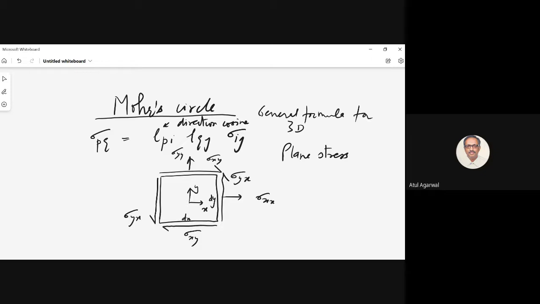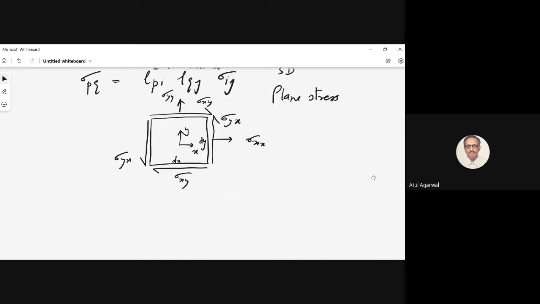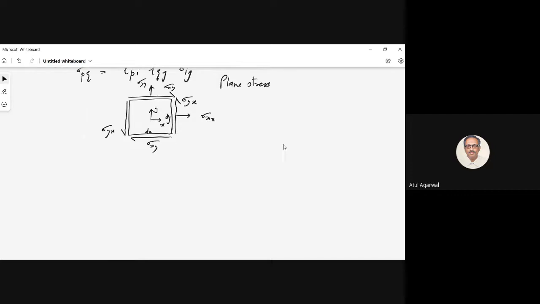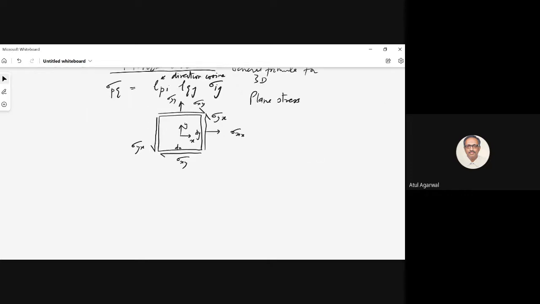Okay, so I have shown you an element and the stresses on that element. Now I will show you a Mohr circle.